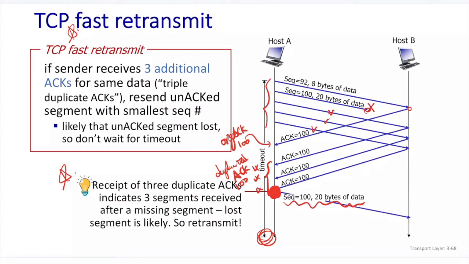After you receive 3 duplicates, you can do TCP fast retransmission to transmit the packet. You don't have to wait until the timeout. So that will make the entire communication process more efficient.